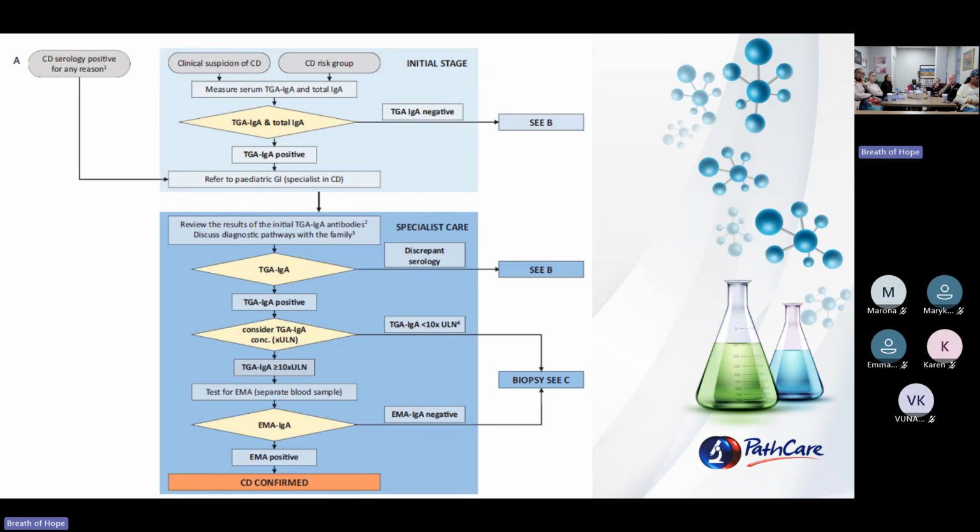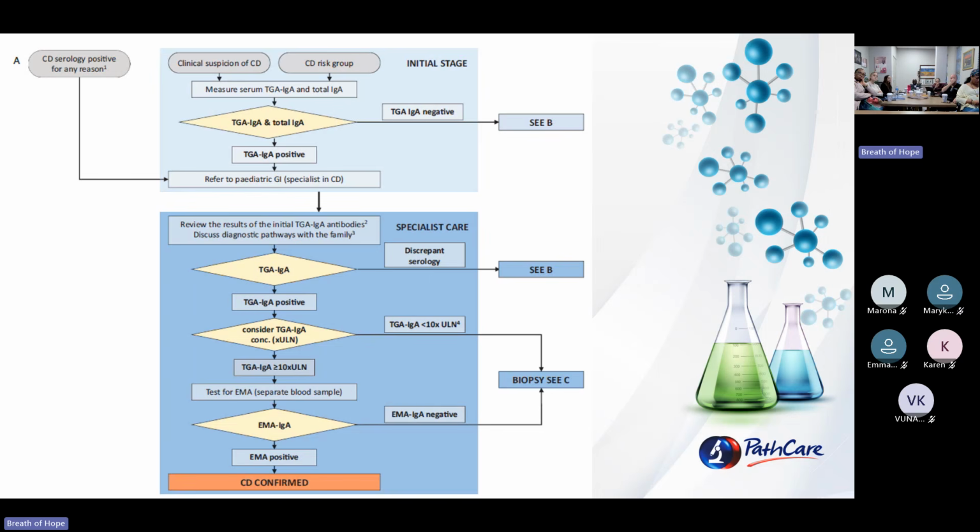So this is the algorithm by ESPGHAN. The light blue top section is for the initial stages of testing, so mostly your GPs, and the dark blue sections are for specialist care.